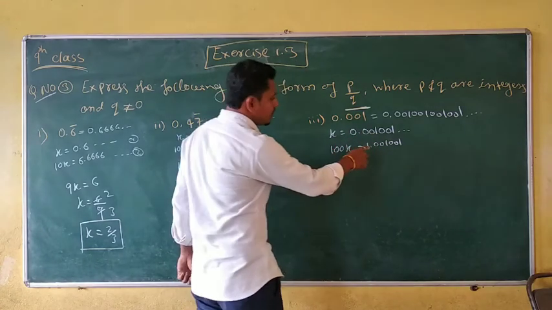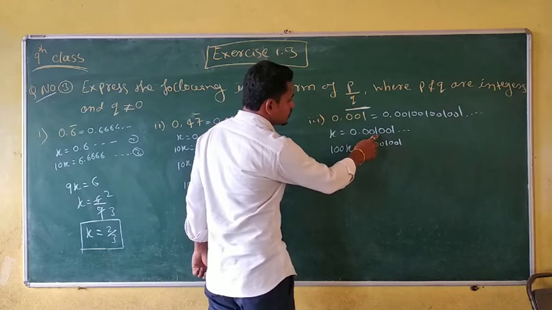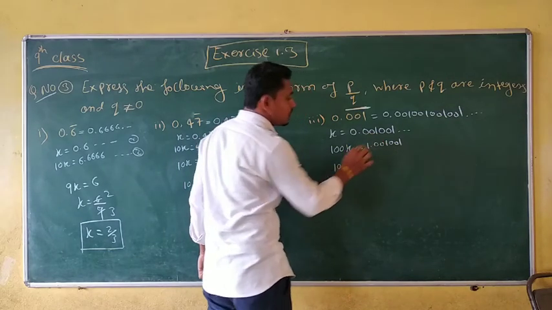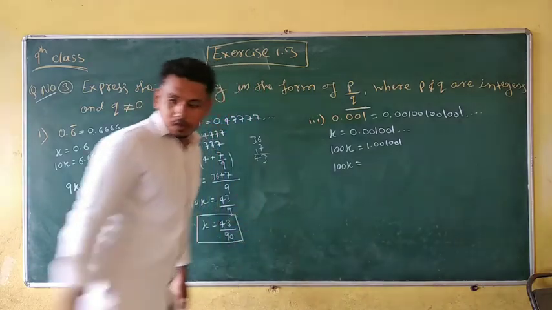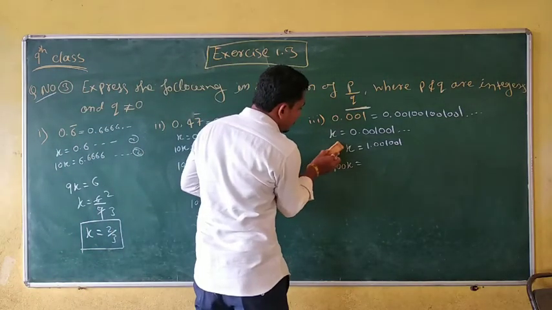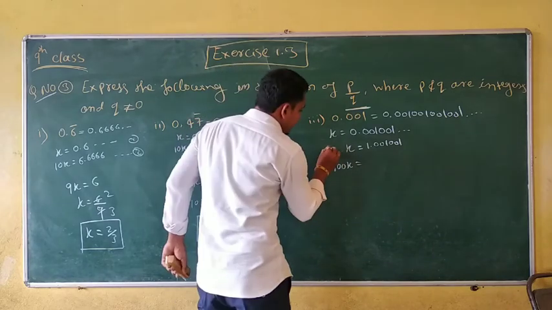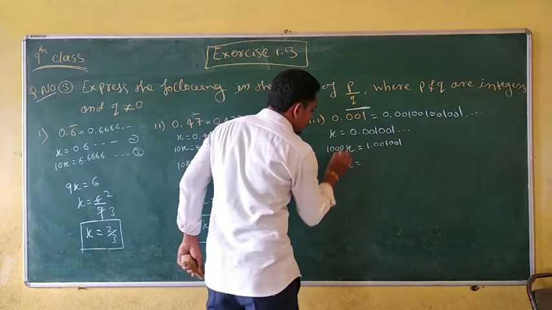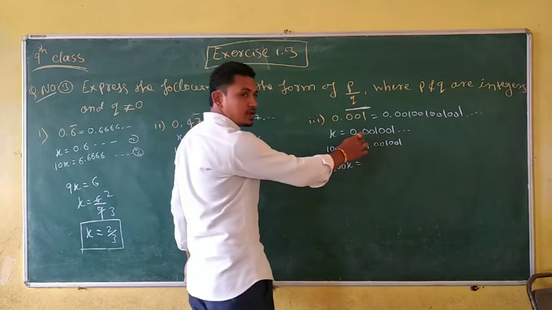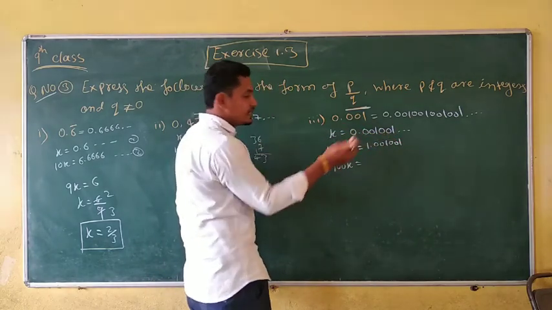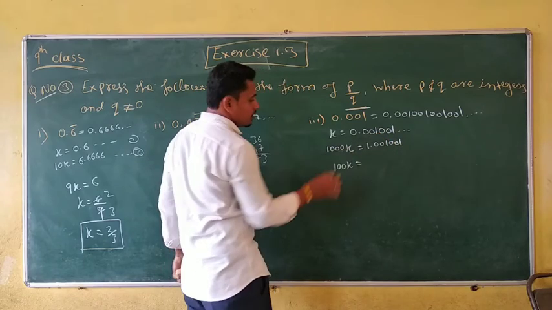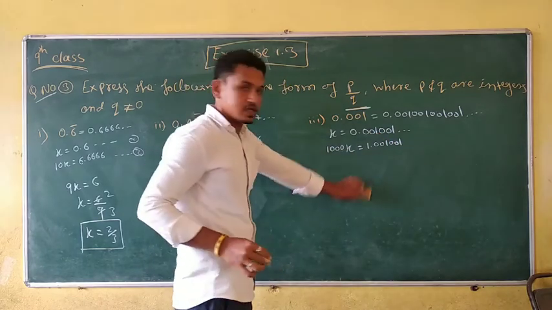0.001 means there are 3 decimal places. So 3 decimal places means we have to multiply by 1000, because we have to shift this decimal point after 3 digits. 1, 2, 3 means 1000.